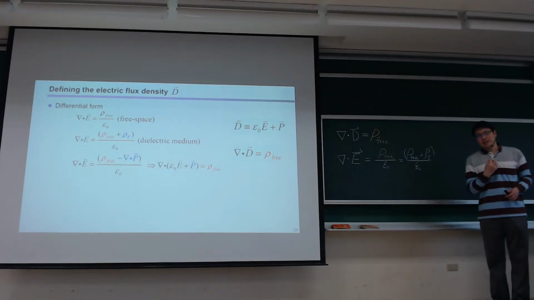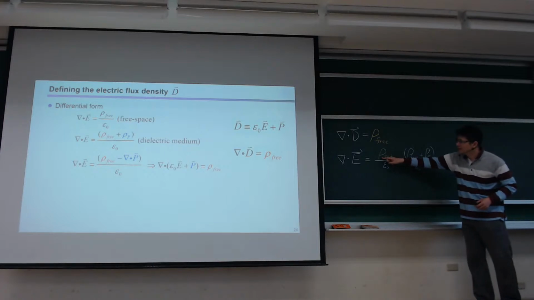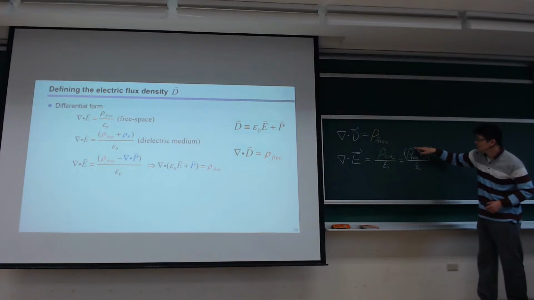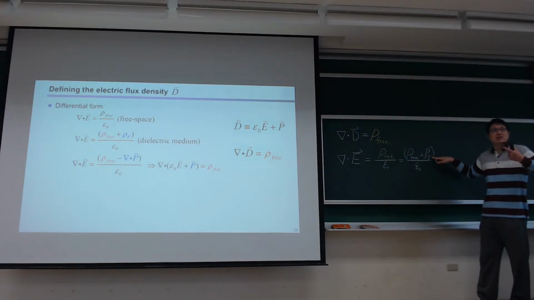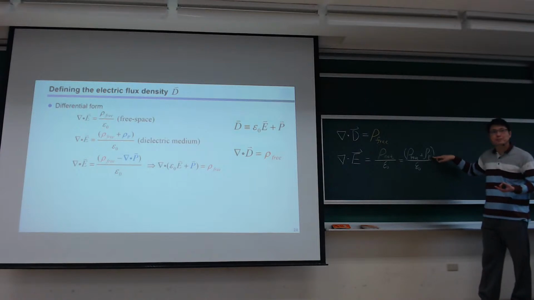My instinct was to say, well, because the net charge density is the sum of the free charge density plus some additional value, the polarization charge density, this adds up to a larger value.